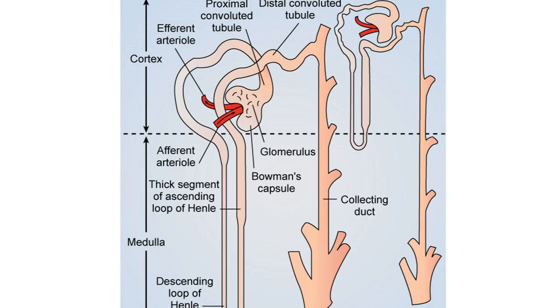Just a couple things about this drawing: when we talk about the ascending and descending loop of Henle, what's important to know is that on the descending side, this is where a lot of water is reabsorbed, and it happens passively.